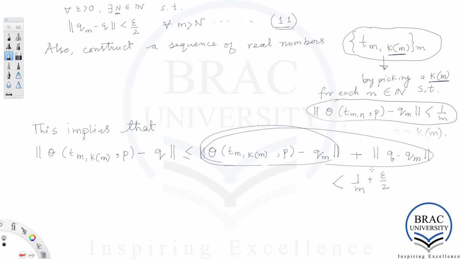And if we want the whole thing to be smaller than epsilon, then we of course want 1 over m to be smaller than epsilon over 2, right?